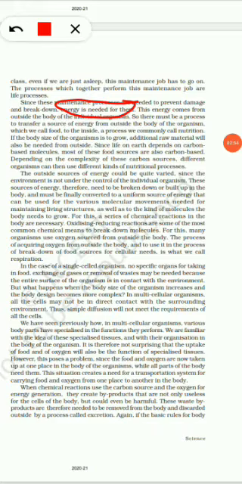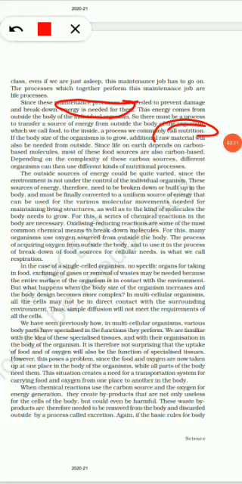This energy comes from outside the body of the individual organism. So there must be a process to transfer the source of energy from outside of the organism, which we call food. So we take in food, and we call this nutrition. If the body is very large, additional raw materials would be needed from outside.